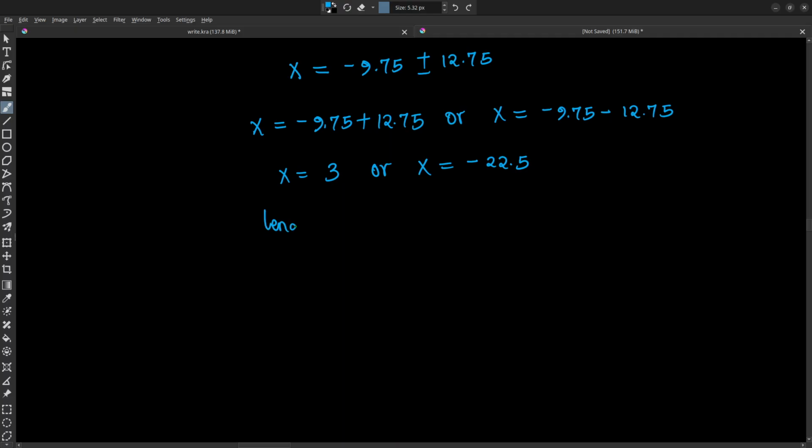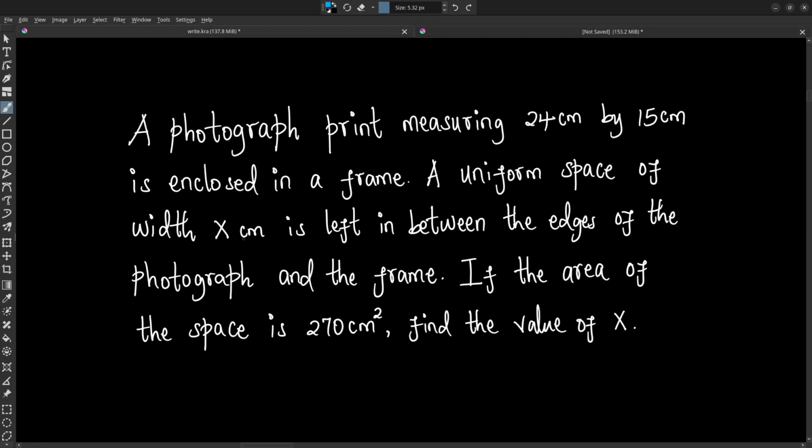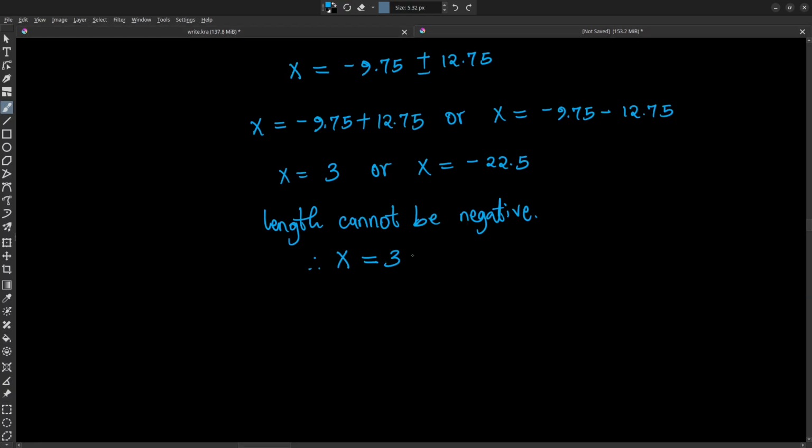Let's write that. Length cannot be negative. So therefore, this means that the value of x is 3, but we need to include the units. So x was in centimeters, so here we include 3 centimeters. That's the answer to the question.